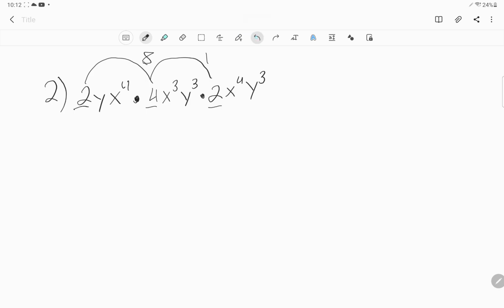So knowing that my numbers in front are going to be 16, I'm going to write 16 first. I took care of all my coefficients, the numbers in front of my variables, so I'm going to erase them. Now the only things I have left are my x and my y on every single one.